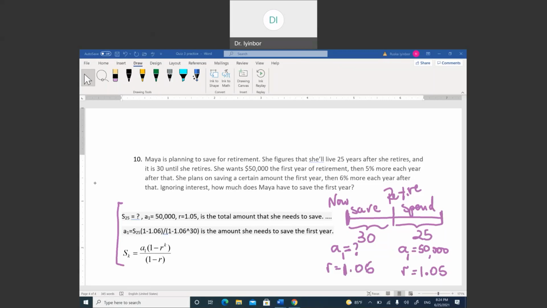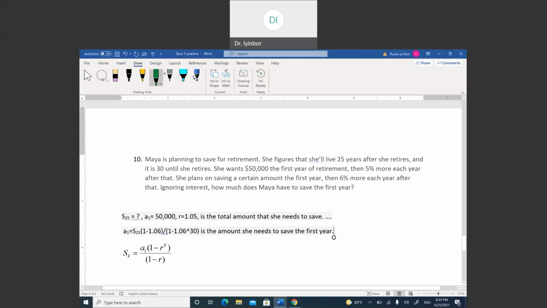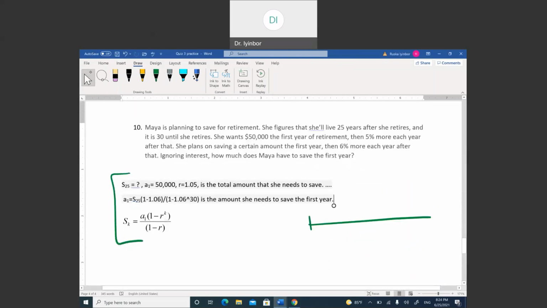Okay, and actually I should do that. Sorry, let me write it here. I should do that here. So this is the information we have. Now, I have now, retire, and this was 30 years.